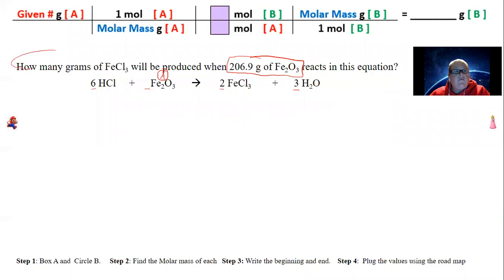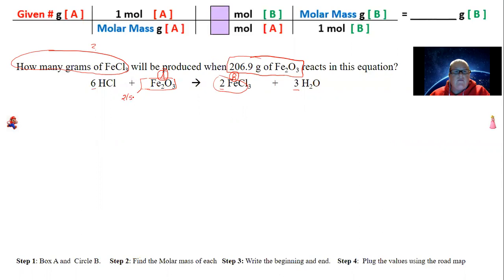How many grams of FeCl3? So that's my question. FeCl3 is my B. I could put a box around this and a circle around this too. Now the next step, find the molar mass of each. The molar mass of iron is 55.85.